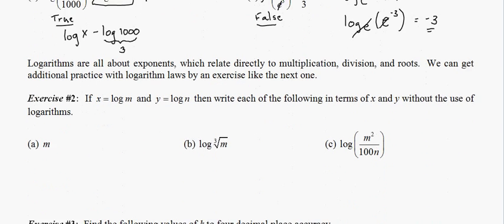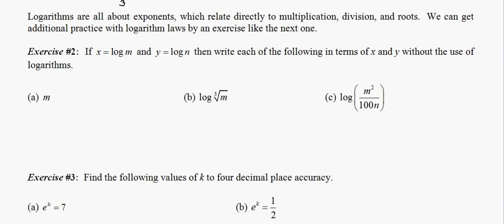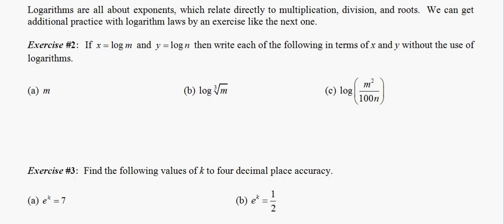All right, this is kind of a classic and certainly one that you could have encountered before at the Algebra 2 level. Here we come up with some equivalency. We're told that x is equal to the log base 10 of m, and y is equal to the log base 10 of n. Now, keep in mind, folks, those equality symbols are really key. It means that anytime I see log m, I can put in an x.